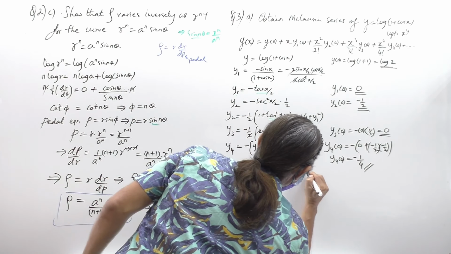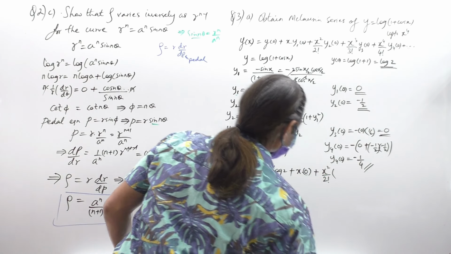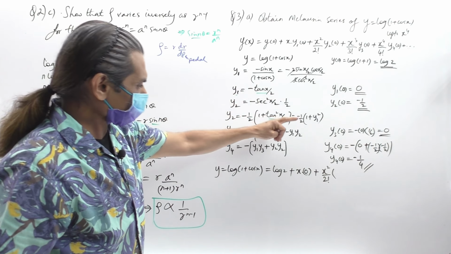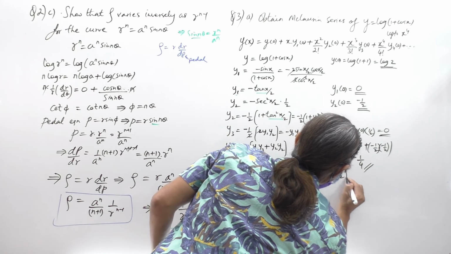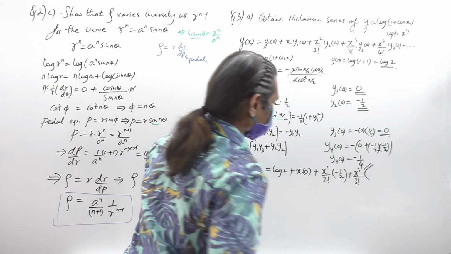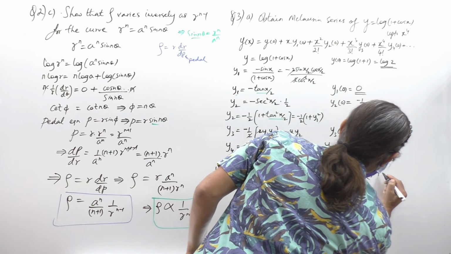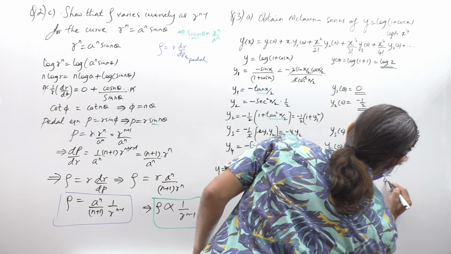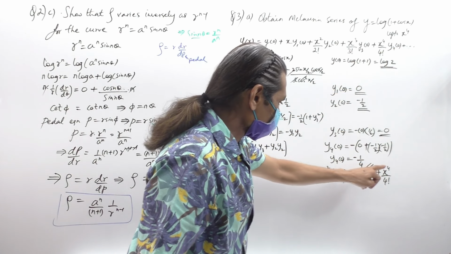It is 0, plus x square by 2 factorial into what is y2 of 0? It is minus 1 by 2, plus x cube by 3 factorial into what is y3? y3 is again 0, plus x raised to 4 by 4 factorial into y4 of 0, which is minus 1 by 4.